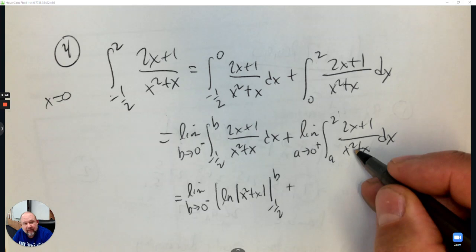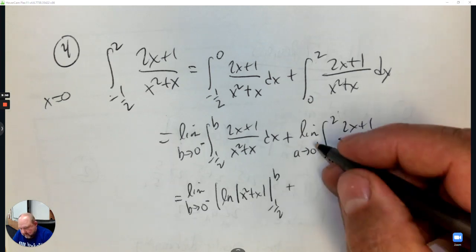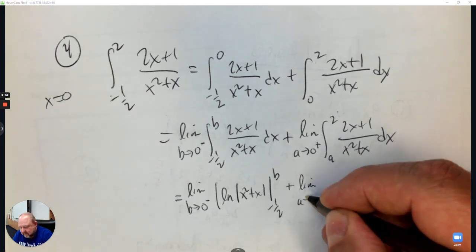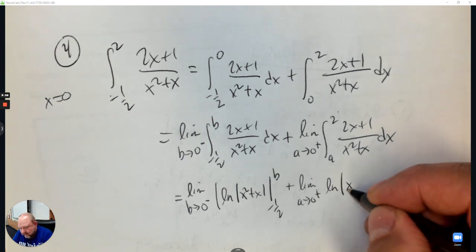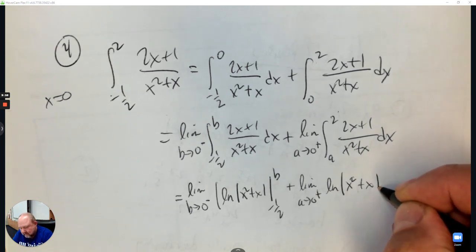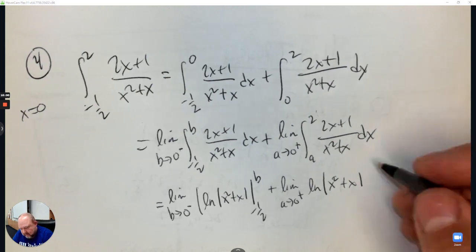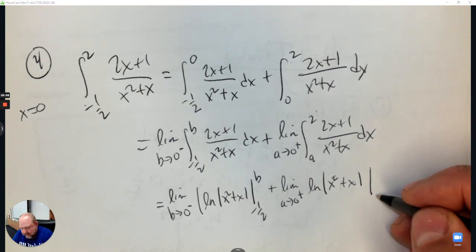And then the second one, same thing, integrating, right? So again, I got to write the limit notation from the right. Again, it's the logarithm of x squared plus x from a to 2.